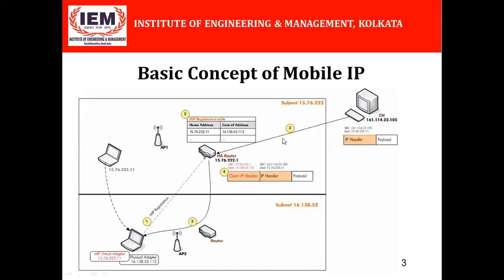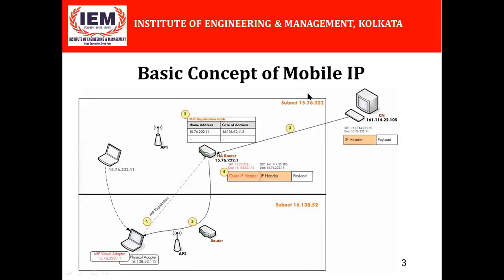Now, the basic concept of mobile IP. Here, we are observing a few nodes. One is the home agent or home router, one is the foreign agent or foreign router, an access point under this home router, and access point 2 under this foreign router.